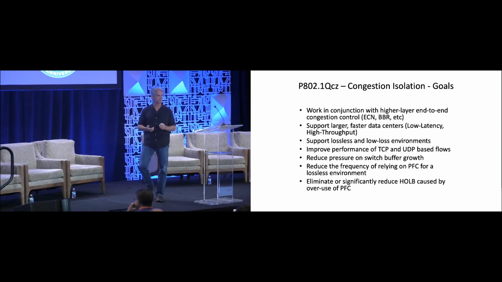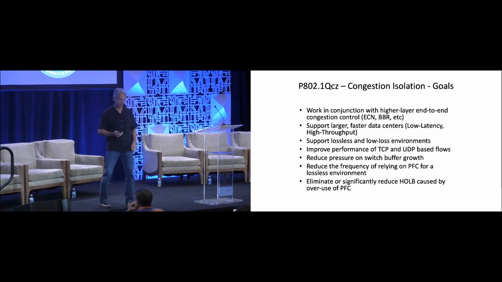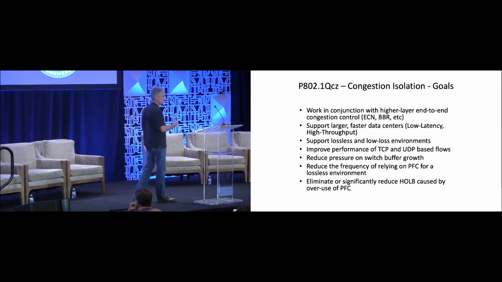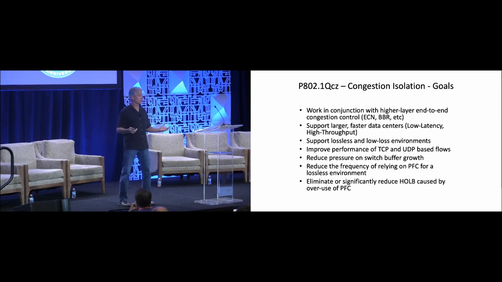Support those low latencies while maintaining high throughput. Don't make that trade-off. And again, support a lossless environment for those protocols today, or just a low-loss environment. It's not required that you use priority-based flow control, but if you want to, you'll have a lossless environment, and we'll use it less frequently. We'll show you some simulation results of that.